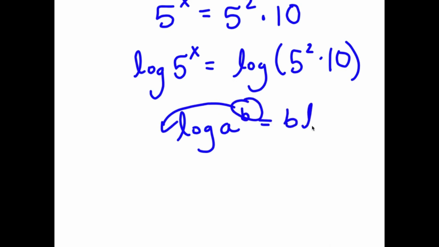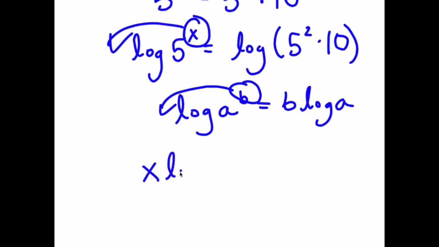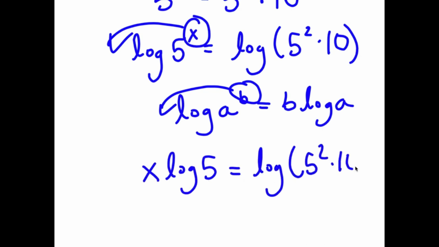So this is going to equal b times log a. So in this case, I have log 5 to the power of x, and we can think of x as b in this case. So I can simply move x to the front. So now I'm going to have x times log 5 is equal to log of 5 squared times 10.